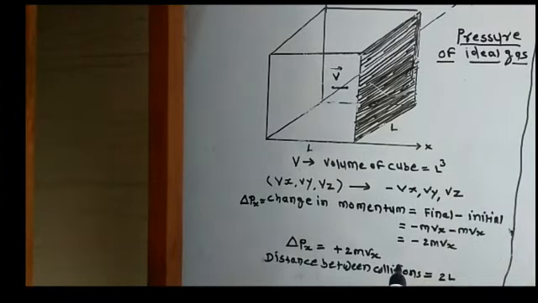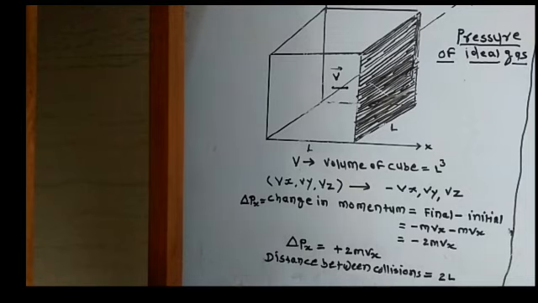For that, we consider a cubical container of side L enclosing a gas. You know that a gas is a collection of a large number of molecules, in the order of Avogadro's number.